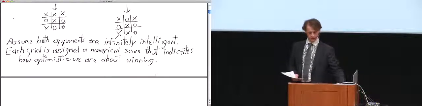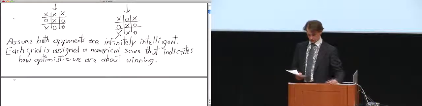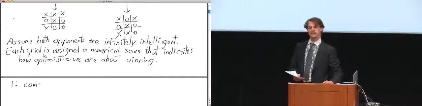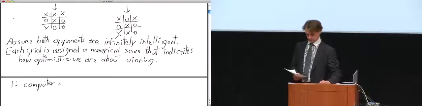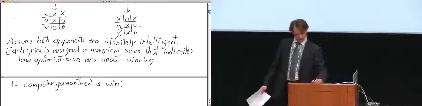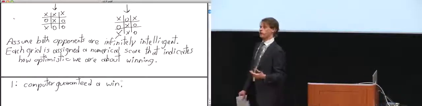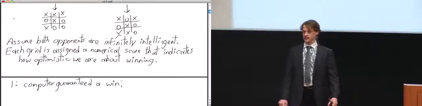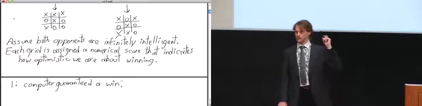And specifically, we're going to give a grid a score of 1 if the computer is guaranteed a win. So if we have a grid where no matter what move my opponent makes, I can win the game, I'm going to give it a score of 1.